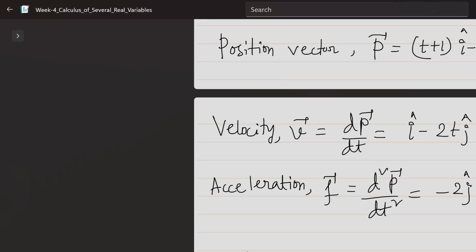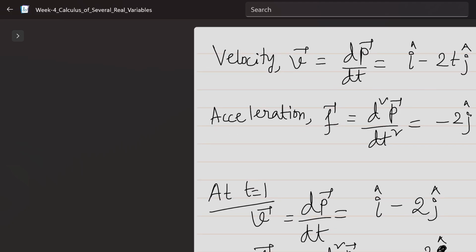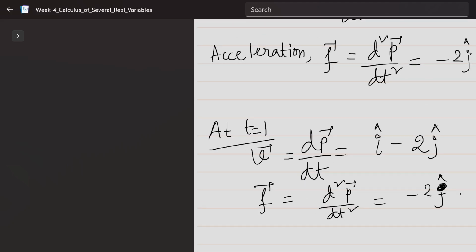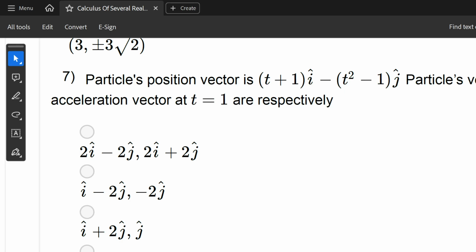That's it. That means it is going with the same acceleration. Okay, this is the answer. I will show you the answer. Option number B. This is the answer. So option number B.